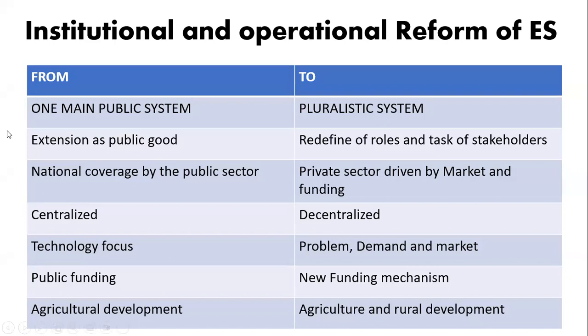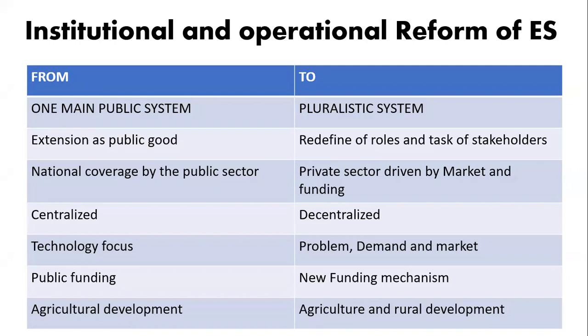And the institutional and operational reform, how should it be? Normally, in the Sri Lankan scenario, one public system is there. The Department of Agriculture is the main body, but it should be changed into a pluralistic system. Pluralistic system means the private sector, civil society, farmer organizations, NGOs, and all together should get together and do that extension.